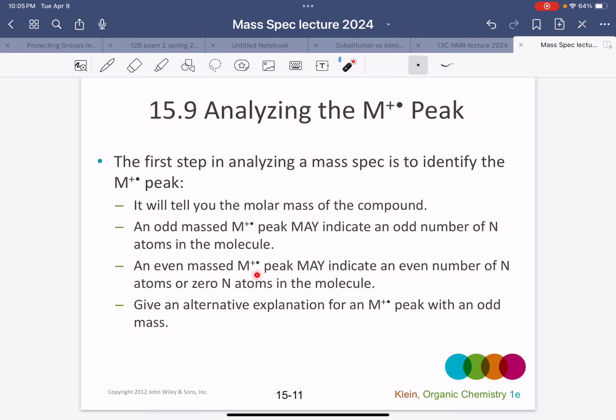If you have an even M plus peak, it could be that you have no nitrogen atoms or an even number of nitrogen atoms. Now, there are other elements that actually have odd mass numbers. And so that could be a different explanation for an odd M plus peak. We'll actually look at that in just a minute here.